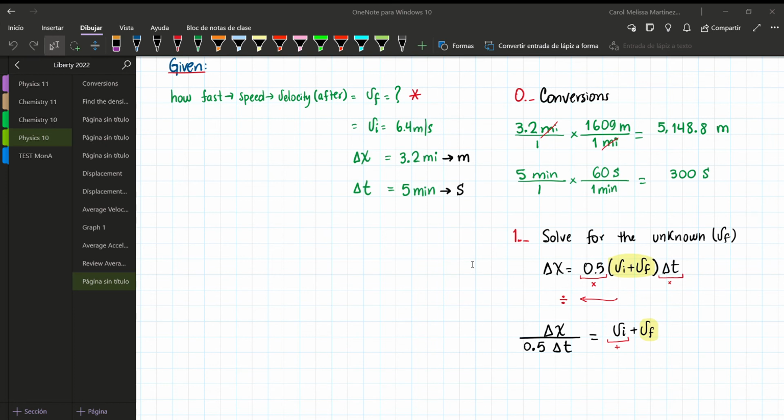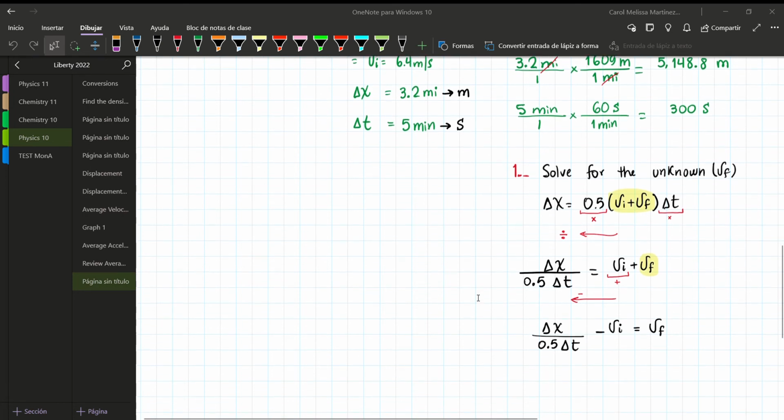So when I move it to the other side of the equation, it's going to be doing subtraction. So you say delta x over 0.5 delta t minus initial velocity is equal to final velocity.